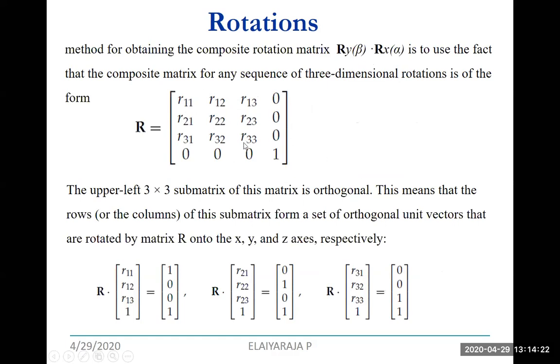This 3 by 3 submatrix of the matrix is orthogonal, which means the rows or the columns of the submatrix form a set of orthogonal unit vectors that are rotated by the matrix R onto the x, y, and z axes respectively.